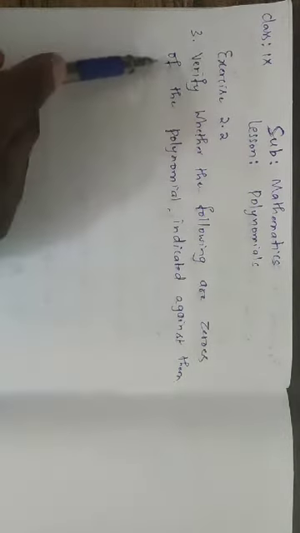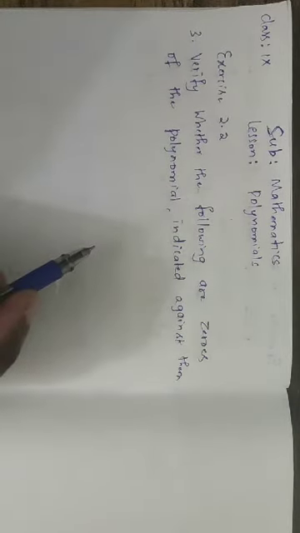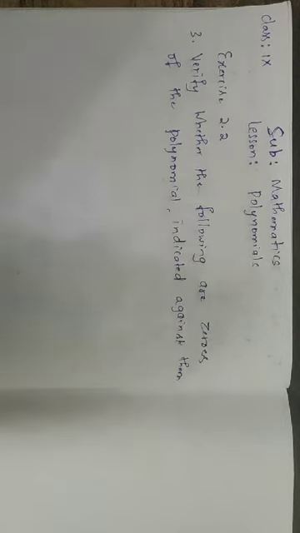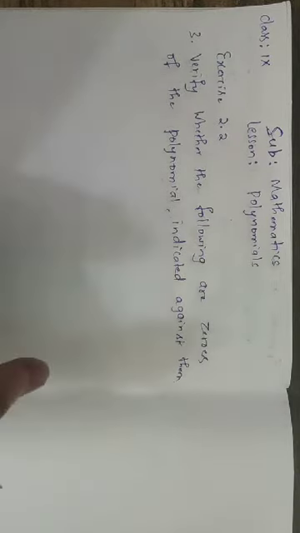Okay, now let us go to the next main, that is: verify whether the following are zeros of the polynomial indicated against them. So that is the third main. What we need to do here is verify whether the given values of x are zeros of a polynomial or not.